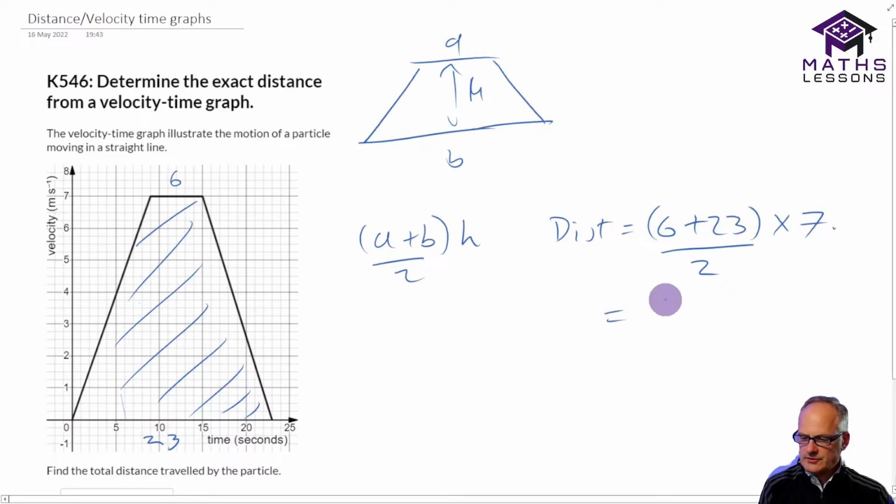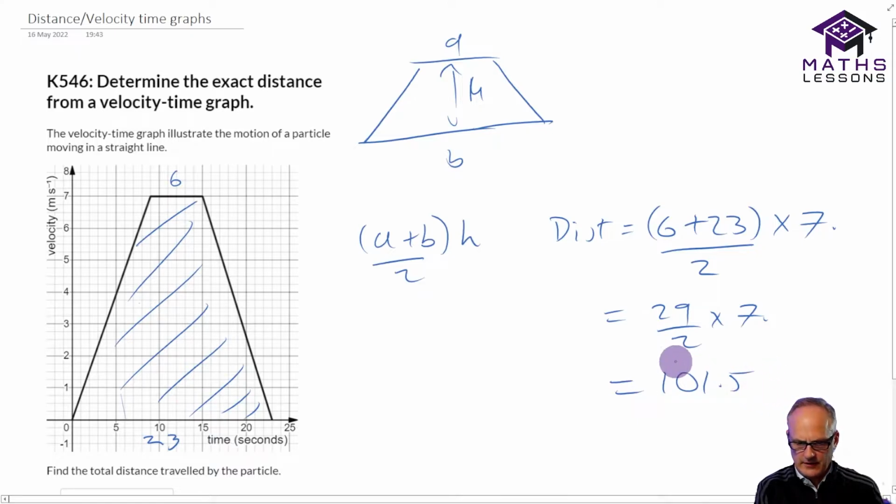So we've got 29 over 2 times by 7, which gives us 101.5. Now look at our units, meters per second, so therefore it's going to be meters.